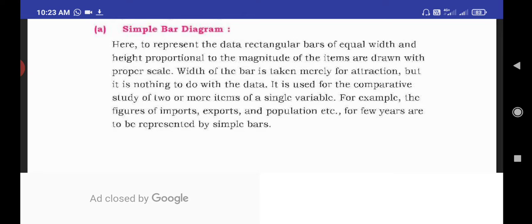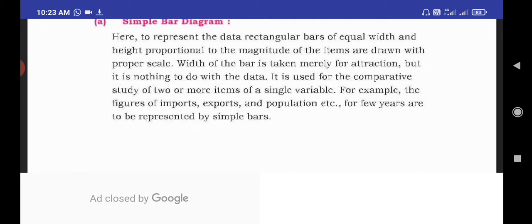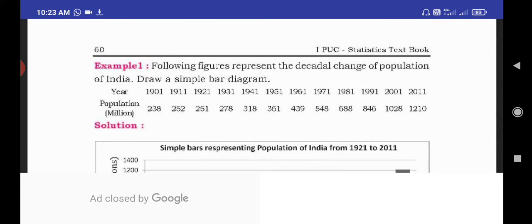We give importance to both, width and also length, meaning height. When we give importance to both length and width, that type of bar diagram is called a simple bar diagram.